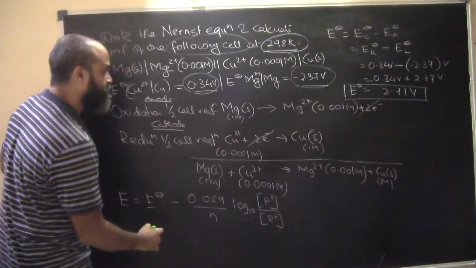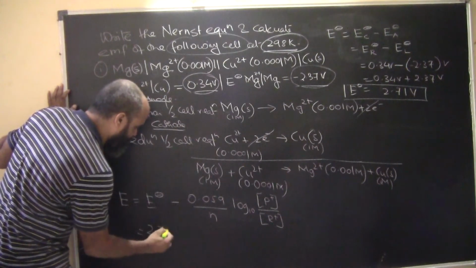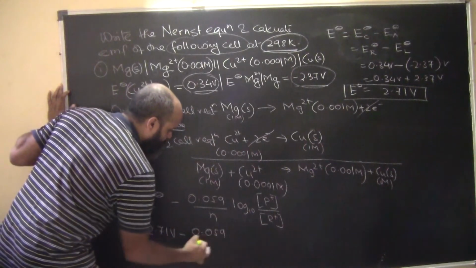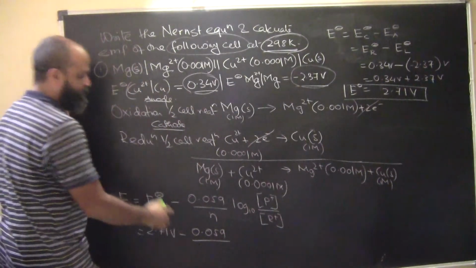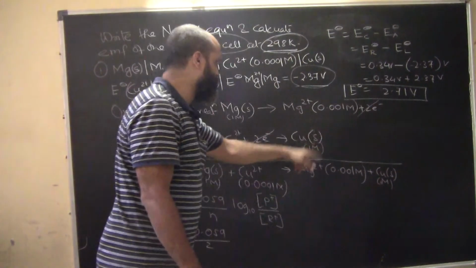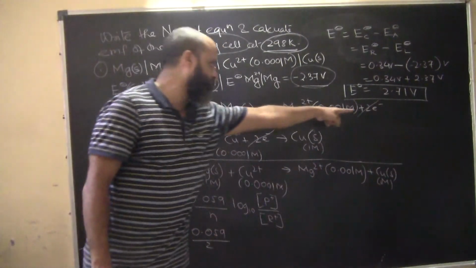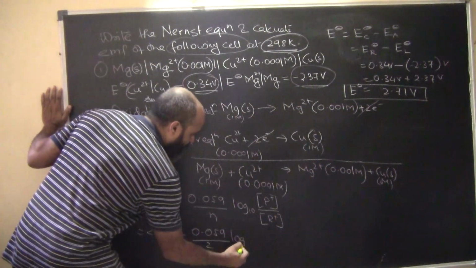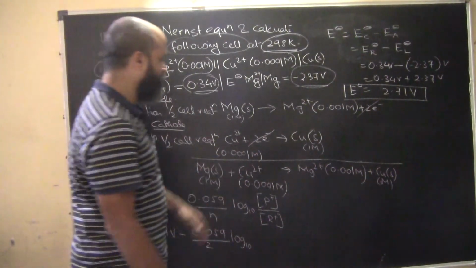So we have 2.71 volts minus 0.059 by 2, because we are losing two electrons here, and that is the value of n. Then log base 10.